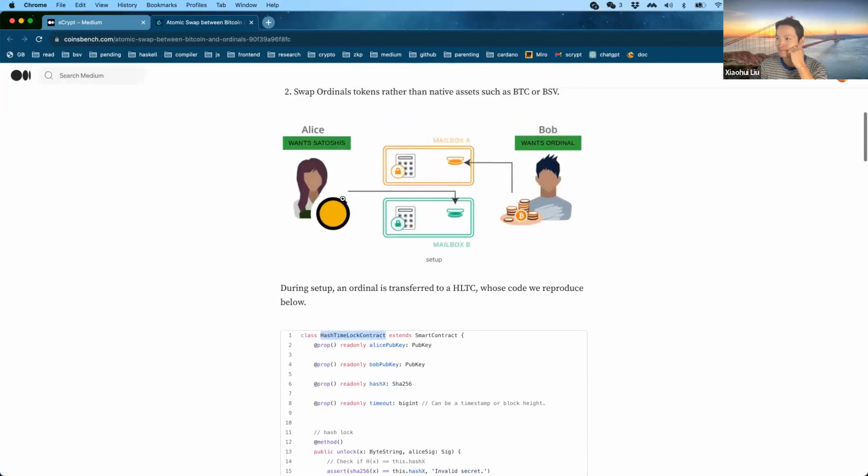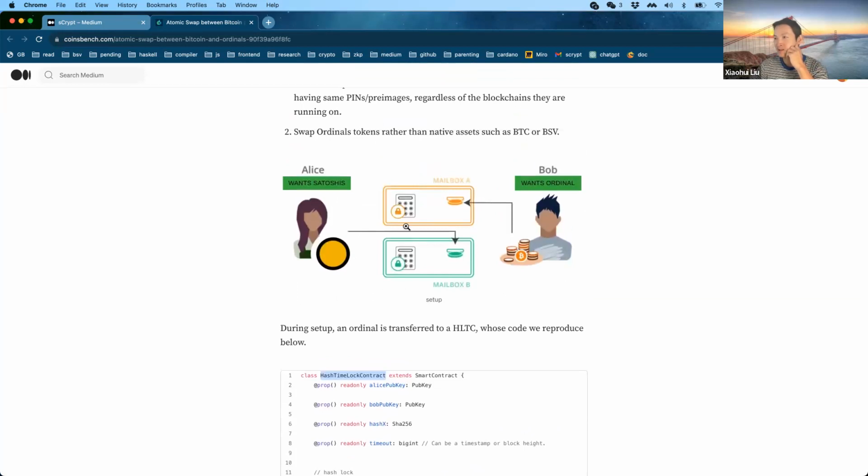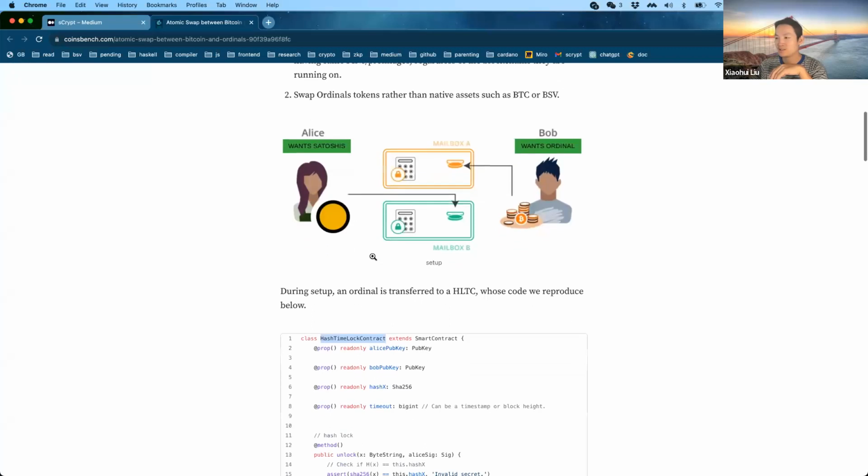Okay, here's the thing. Because it's a UTXO and also because Ordinals fits very well with sCrypt, in this case we don't have to make any change to the smart contract at all. So that's the amazing part. When we did the last demo, we swapped Bitcoin Core coins, BTC, with Bitcoin SV, right? So here, let's say you want to swap some Bitcoin BSV with Ordinals.